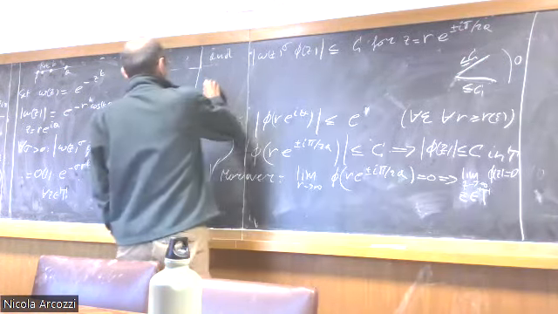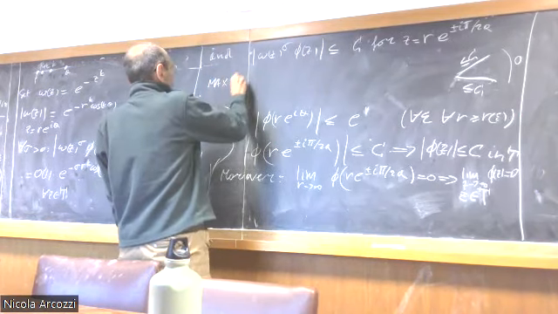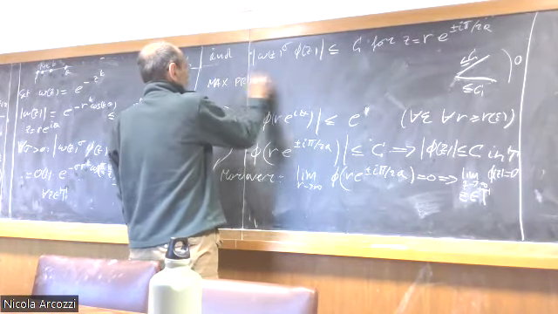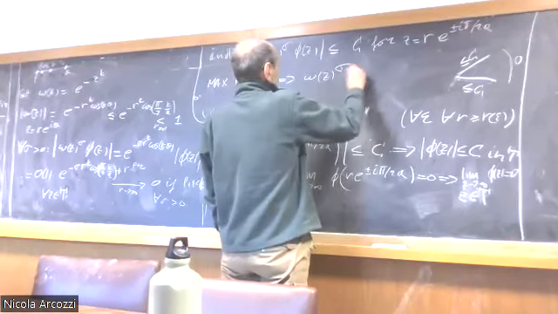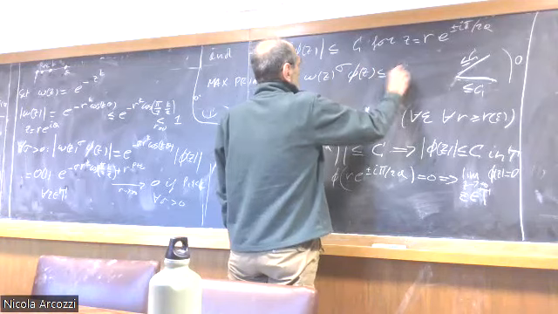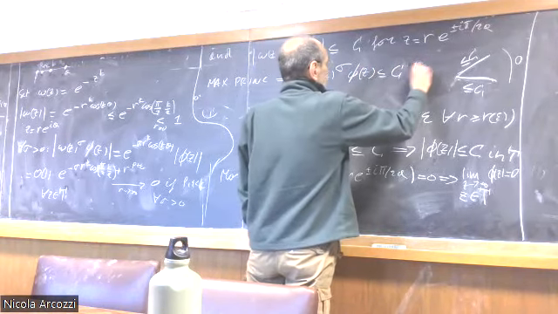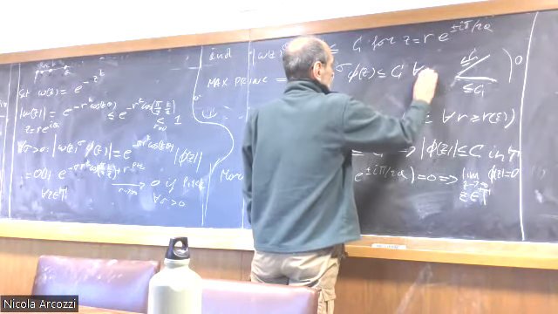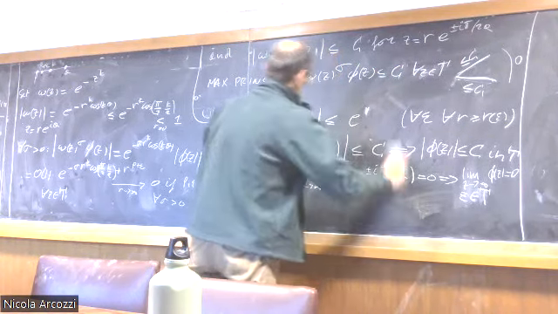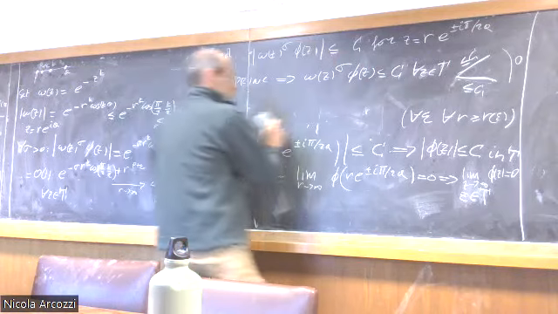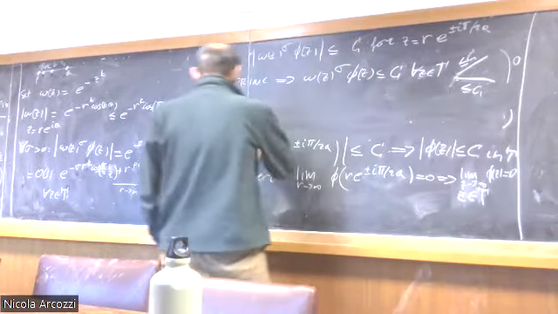The maximum principle says omega z to the sigma phi of z is less or equal than c on T. This is the modulus.